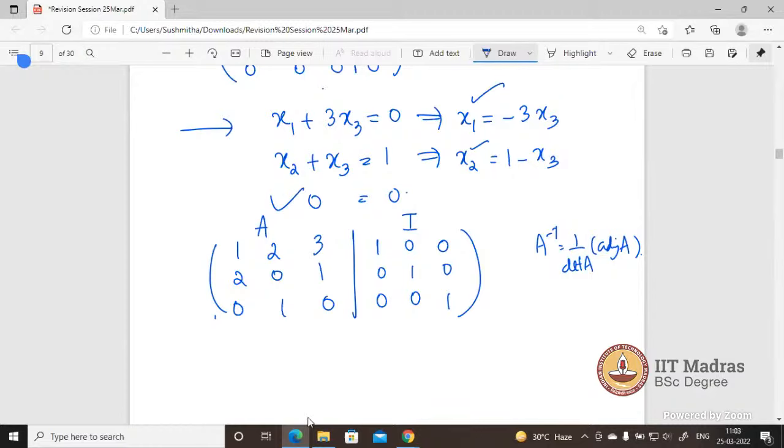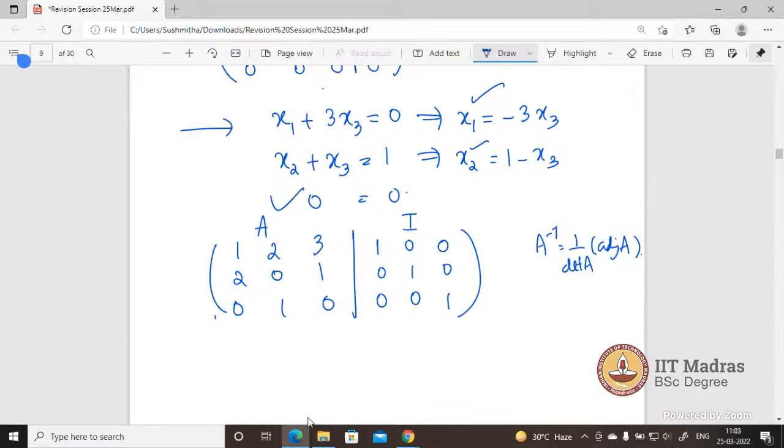So now you try to make this into the reduced row echelon form. Because the matrix is invertible, the reduced row echelon form is going to be the identity matrix, right? Yes. So let's do that.